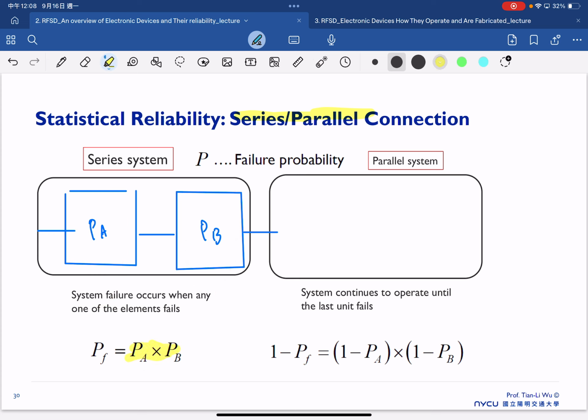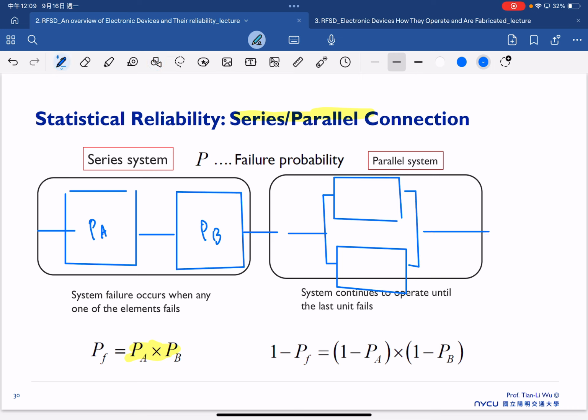Of course, there's another one called the parallel system. Parallel means that we have two components connected in a parallel way. So we have PA and PB here, and then the values can be calculated as shown here.